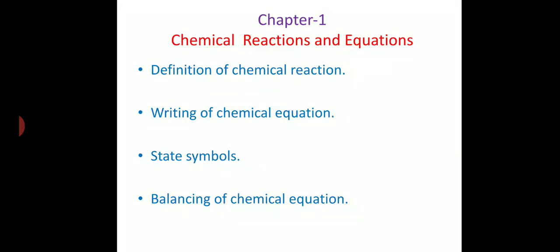I used to tell students, if you know how to balance a chemical equation, you will be balancing every situation in your life, right? So this is a very important fundamental thing for all science students, to know the balancing of chemical equations, right?